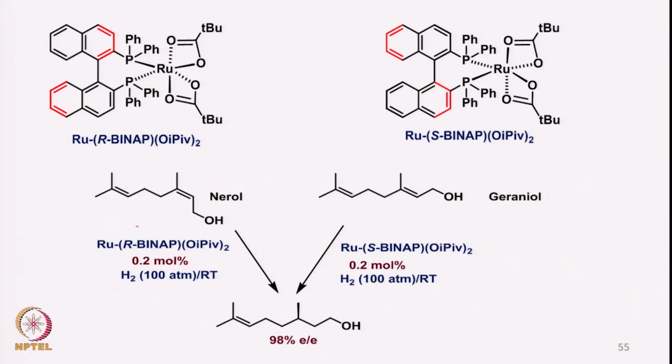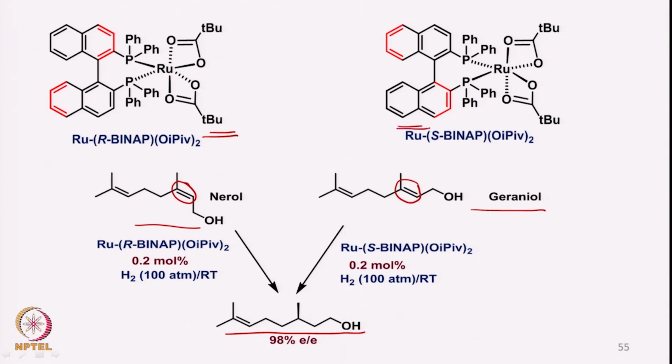Likewise, nerol and geraniol can be converted into the corresponding alcohol where there is a hydrogenation of the allylic alcohol part, using these types of ruthenium catalysts.